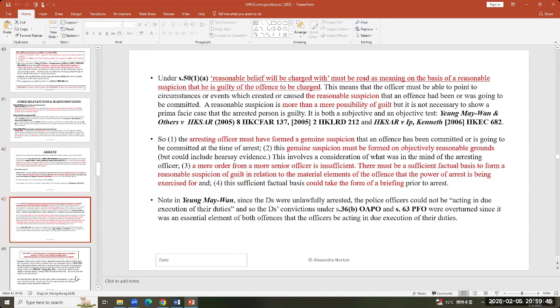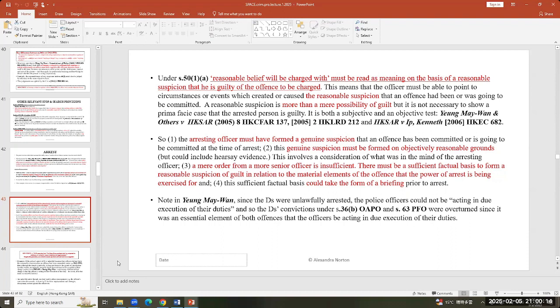The leading case on the scope of section 50, subsection 1A is the CFA case of Yeung May Wan. And that holds that the reasonable belief has to mean on the basis of a reasonable suspicion of guilt. So it has to be more than just a mere possibility of guilt, and it's both a subjective and objective test.